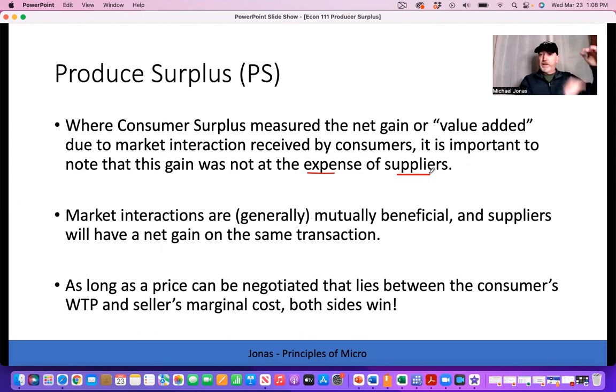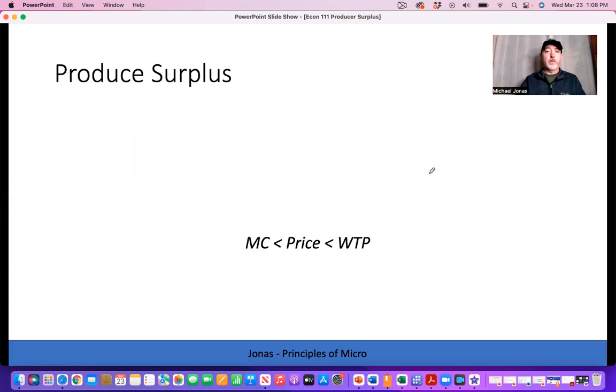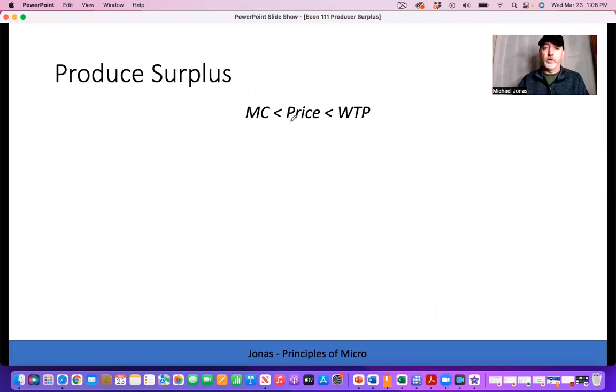Now, where on that spectrum the price ends up will tell us who has more gains or losses. But again, the point is there are going to be net gains to both sides under this condition, where the price lies between marginal cost and willingness to pay.